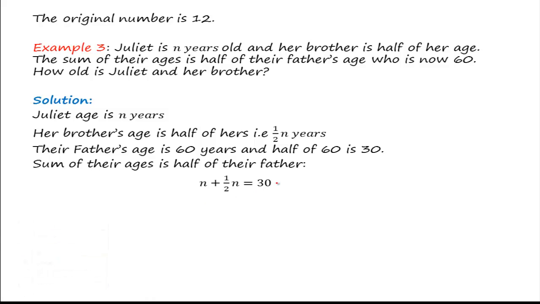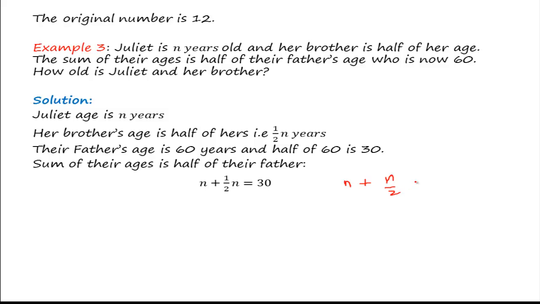Now this is what we got, and I'll be using two methods, but the first method is what I'm going to use freehand to do. Now, having seen this, you know this is what we are talking about. We are talking about n, plus 1 over 2 n, which is 1 times n, which is n over 2. Are you seeing it now?